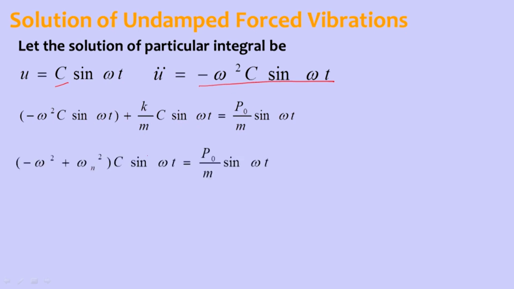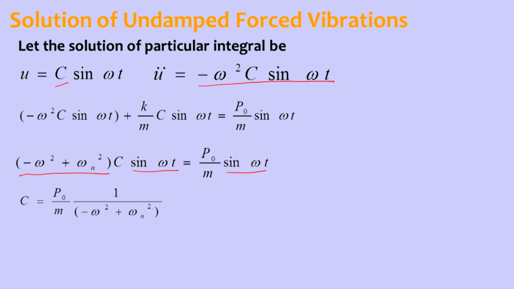As you can see, if you rearrange the above equation, we get minus omega square plus omega n square, times c sin omega t, and then sin omega t. So this sin omega t is common, and we can take it out. From the above equation we get the constant c as p naught by m into 1 by minus omega square plus omega n square.